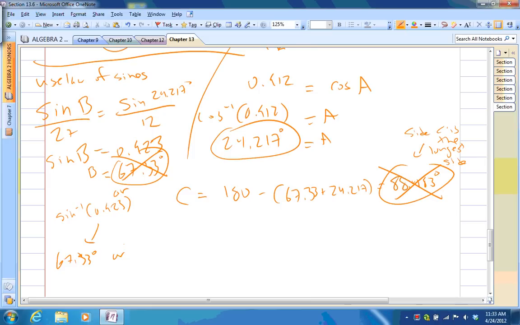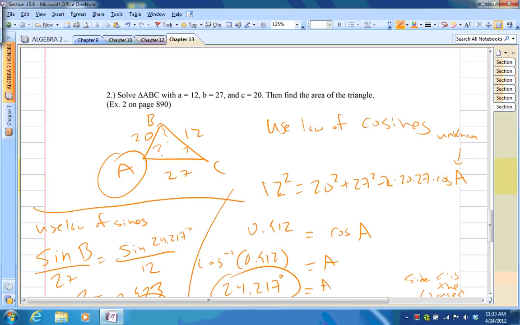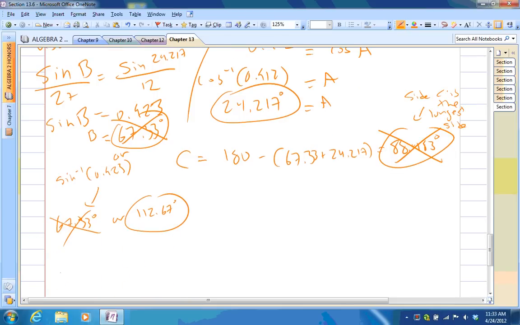Because remember, in the second quadrant, sine's still going to be positive. So sine of 112.67 degrees will still give me 0.923. Now this would be more legitimate because little b is actually larger than all the other two sides. So we'd have to go with that one.